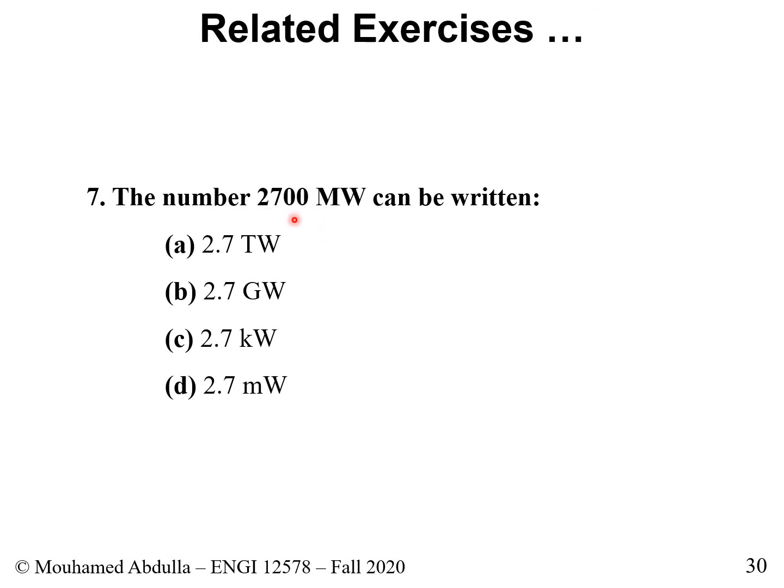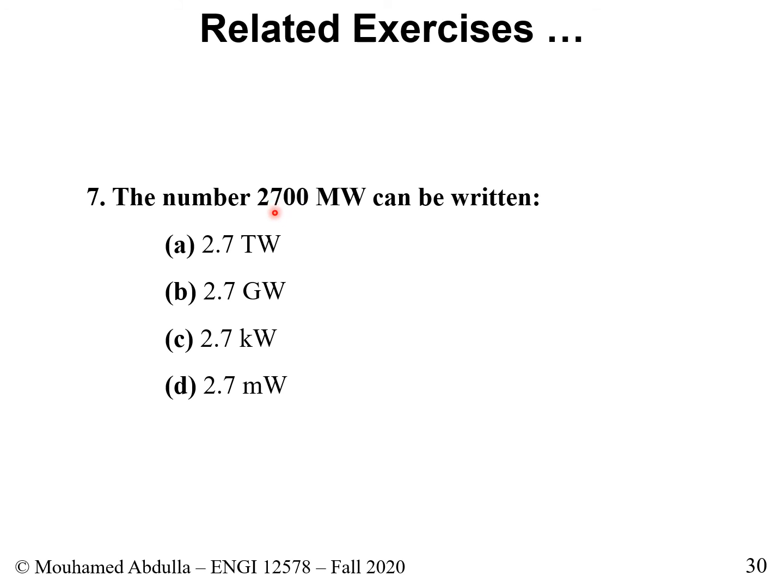But it is not in engineering notation, because for engineering notation, we expect the value here, the A, to be less than 1,000. And this is not less than 1,000. So let's see, nonetheless, which one it equals. They all have representation in terms of 2.7. So we could move to the left by 3 digits: 1 digit, 2 digits, 3 digits.